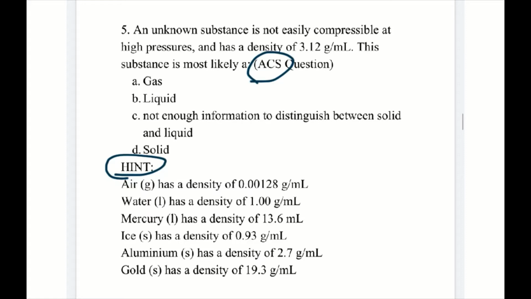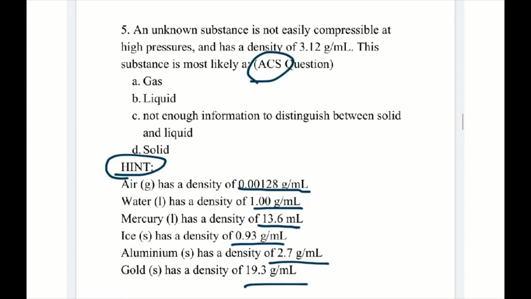So air has a density of 0.00128 grams per milliliter, water has a density of 1.00, mercury 13.6, ice 0.93, aluminum 2.7, and gold 19.3. Now, what trend can we see from this?